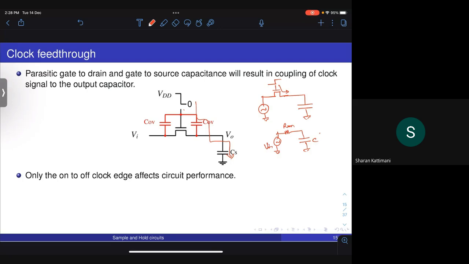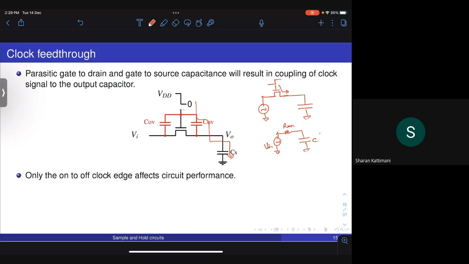So the clock feed through when the switch is turning on is not important. It's only when the switch is turning off that you have taken the sample and disconnected the switch. At that time, any extra charge that you inject onto the output capacitor will just stay there, and that is the one which causes some error in the sampled value.